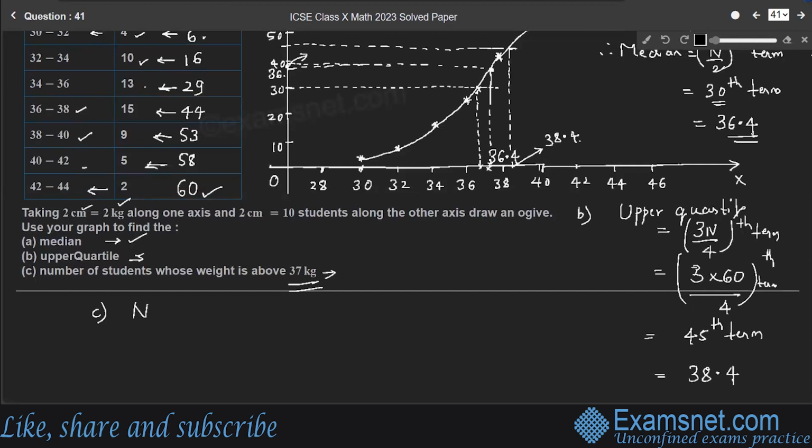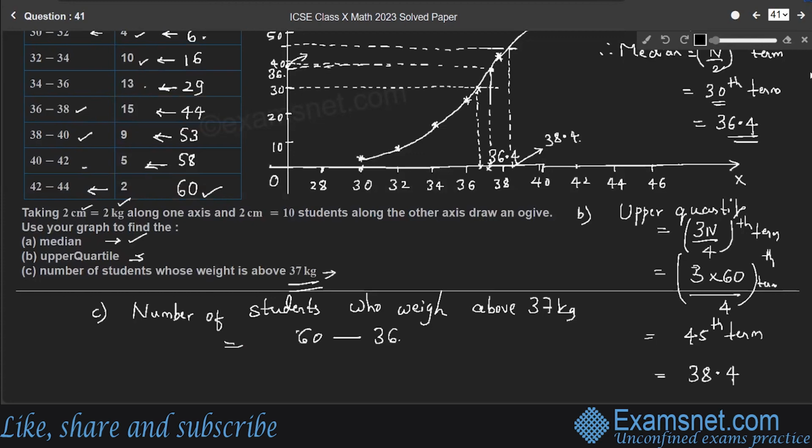Therefore, number of students who weigh above 37 kg is equal to the total number of students, 60, minus the number of students whose weight is below 37 kg, which is 36. There are 36 students whose weight is below 37 kg, right?